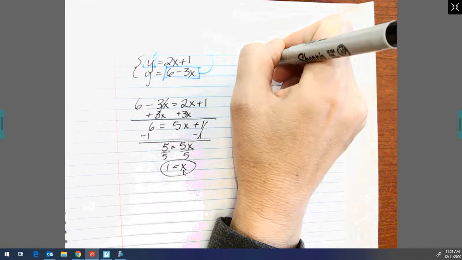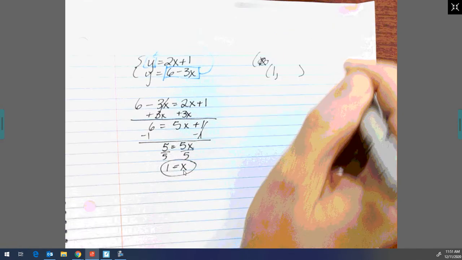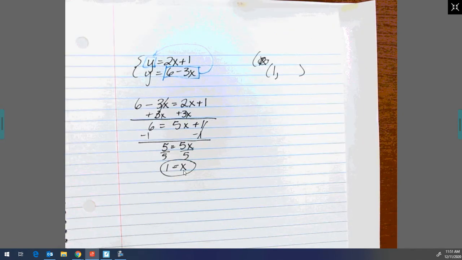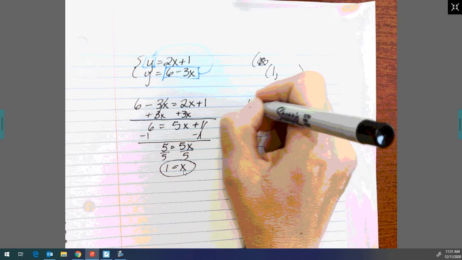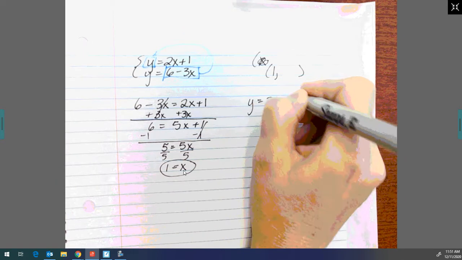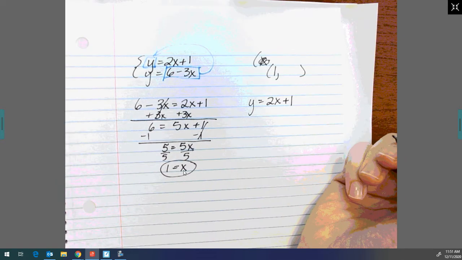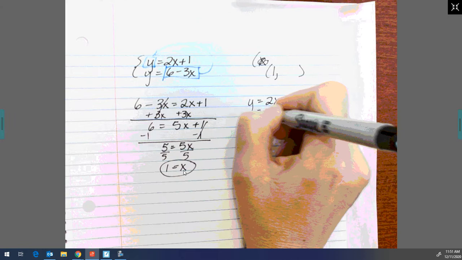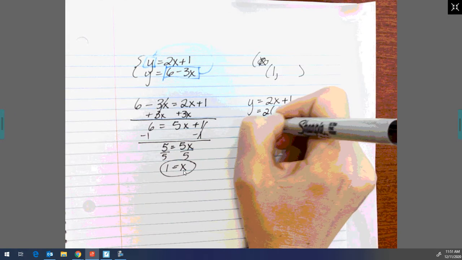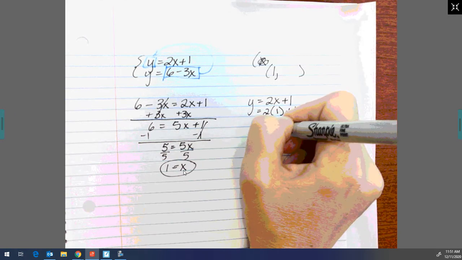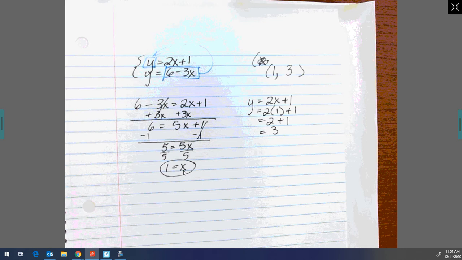First half of my answer. Now I can go into either equation to solve for y. So I'm going to do 2 times 1 plus 1, which is 3.